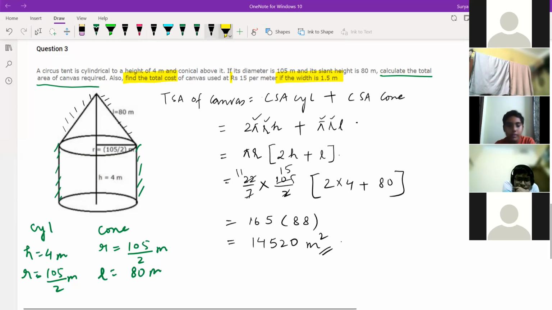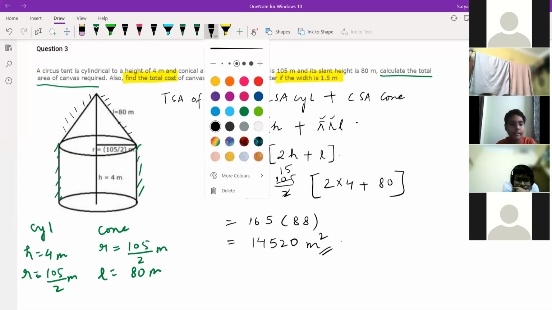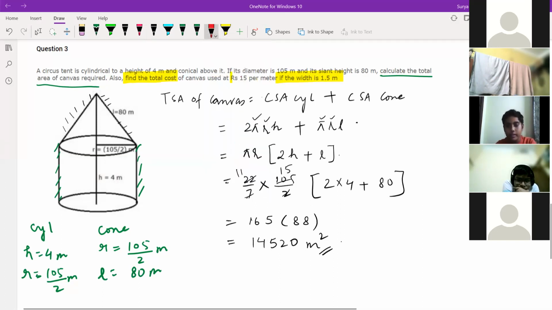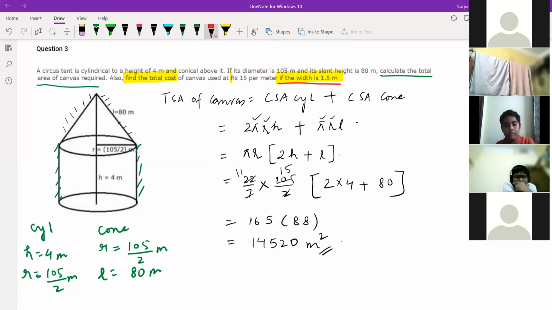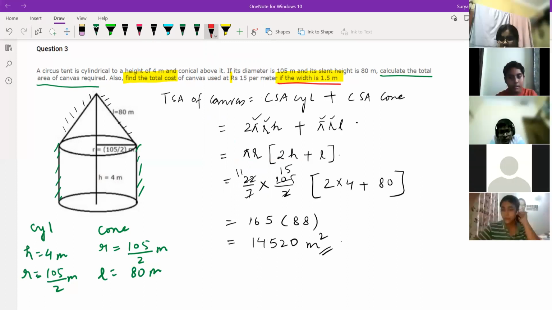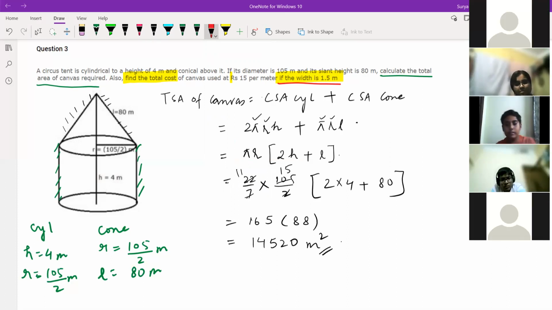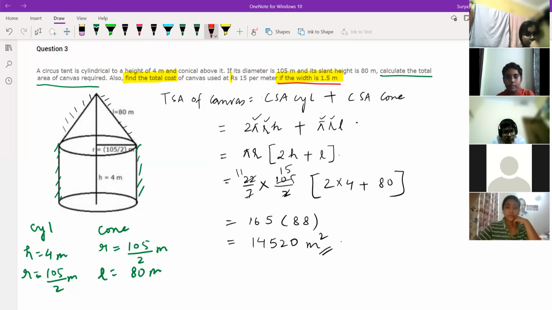Anyone who understood this question, this second part of it, if the width is 1.5, anyone, Pulastya, Krishna, Bhumika, any one of you understood what they are saying over here? Tipshika? Yes, tell me children, any one of you. What is the width over here? It was 1.5 meter. Anyone can tell me?